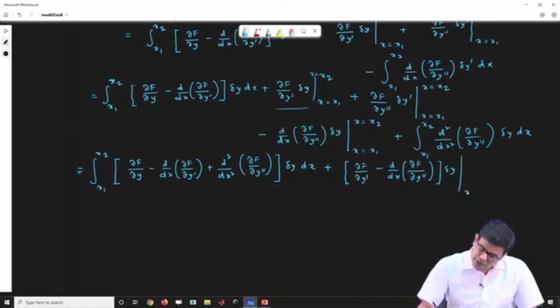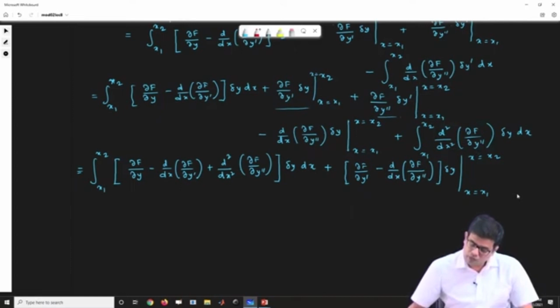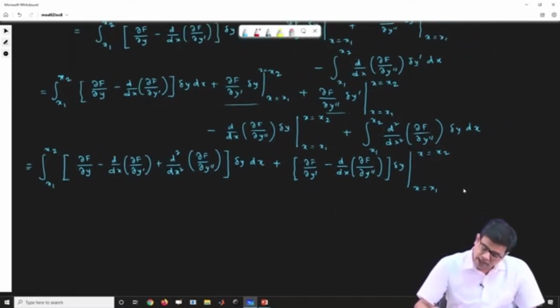This total is specified at x equals x1 and x equals x2. And then the third term is again unchanged: ∂f/∂y'' into δy' at x equals x1 and x equals x2.